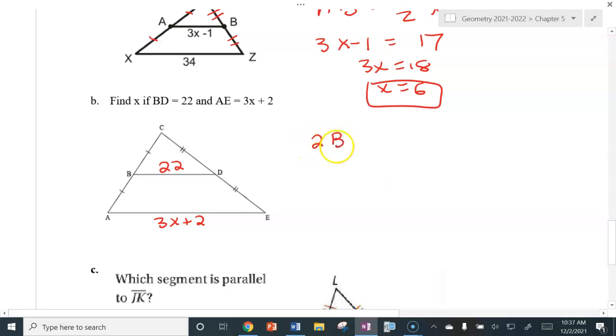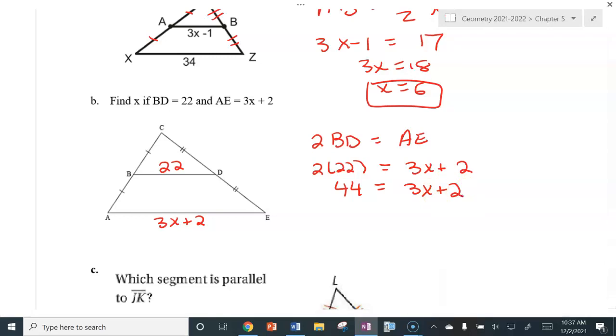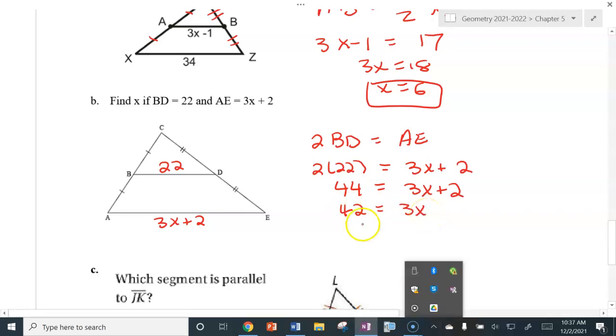So 2 times BD equals AE. So 2 times 22 is 3x plus 2. I get 44 is 3x plus 2. Now I'm just grinding through the algebra. Subtract 2 from both sides, I get 42 equals 3x, and then divide both sides by 3, x equals 14.